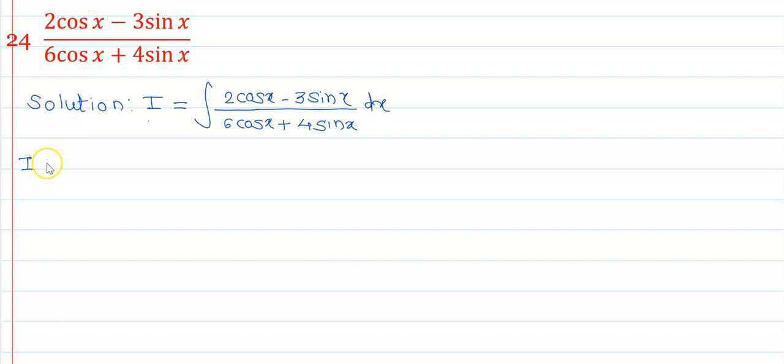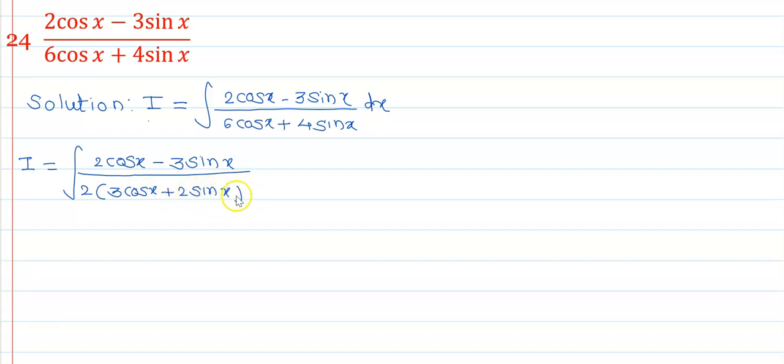Therefore I is equal to the integral of 2 cos x minus 3 sin x upon, take 2 as common, then in bracket you will get 3 cos x plus 2 sin x bracket complete into dx.